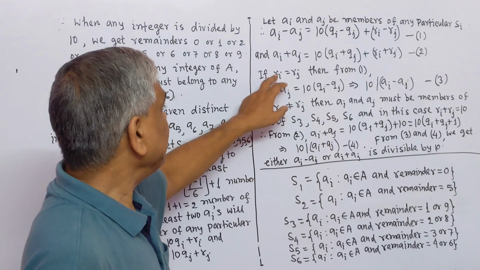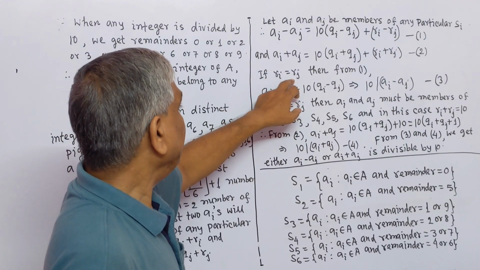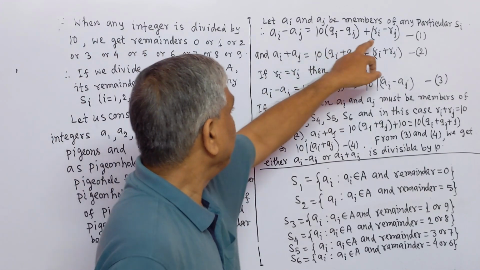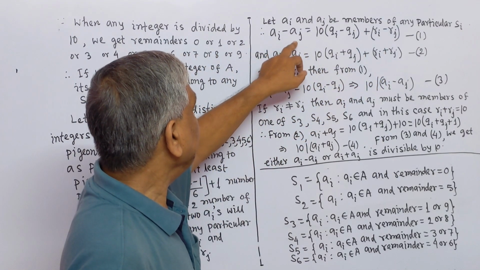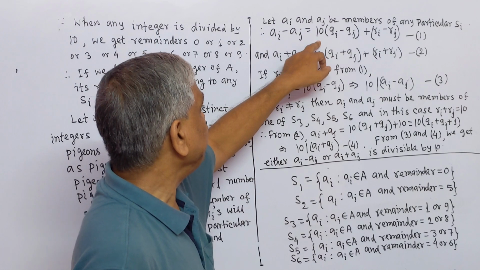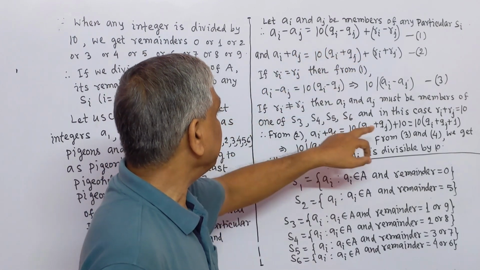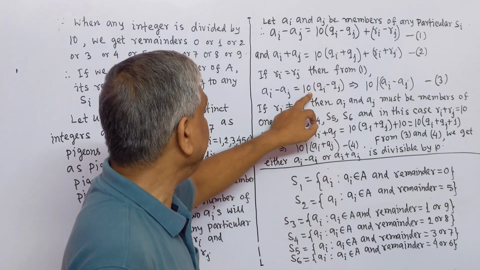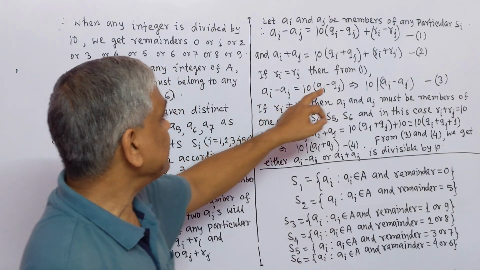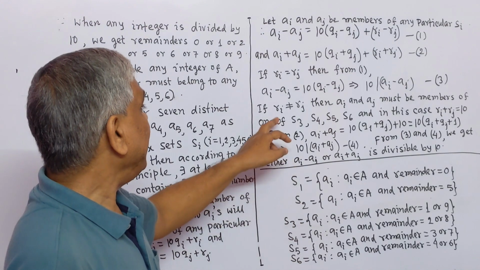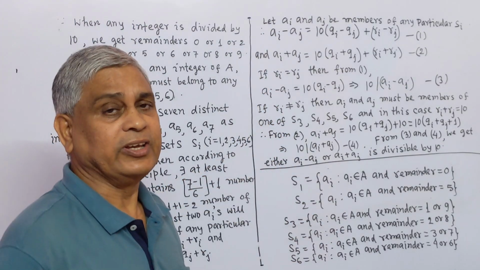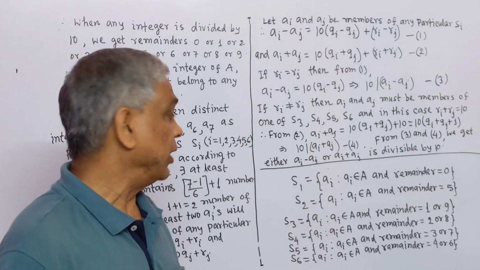If ri equals rj, then from 1 this will be 0. Therefore ai minus aj equals 10 multiplied by (qi minus qj). This means 10 divides ai minus aj. This is number 3.